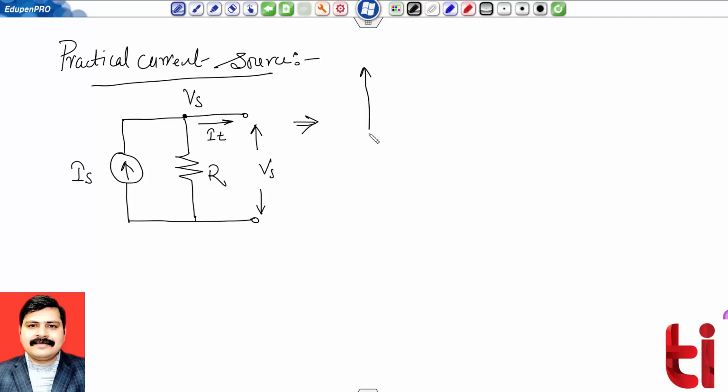Now I can draw the relationship between voltage and current here also. You can check that for any voltage Vs, when it is increasing, this was my earlier reference, the effective current IT will now be decreasing. This is my current Is, suppose current I1.